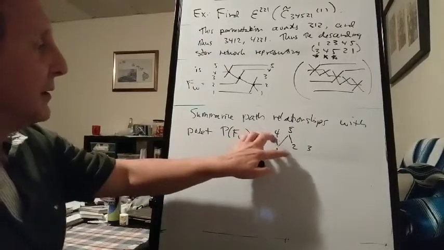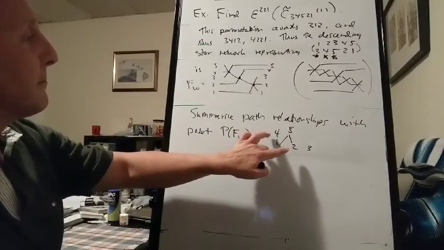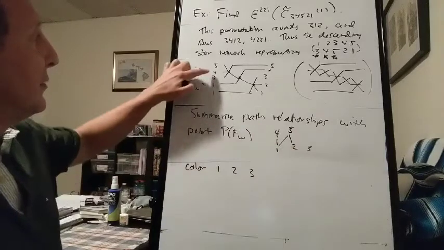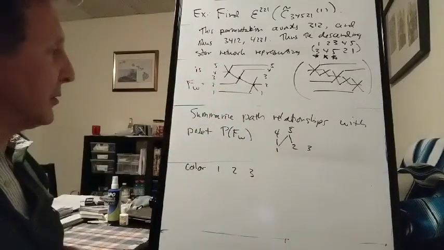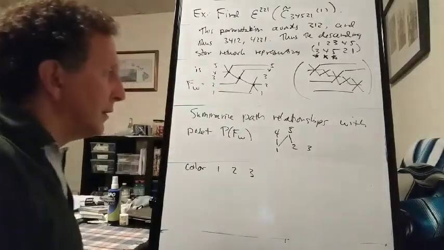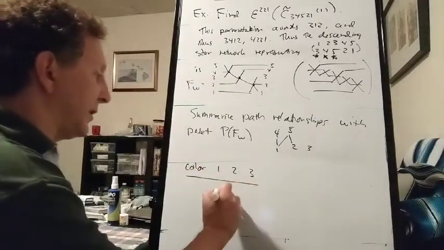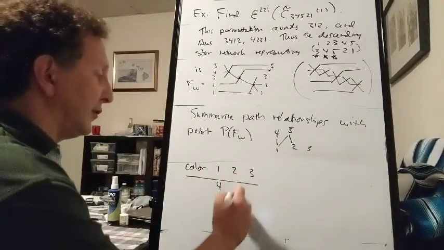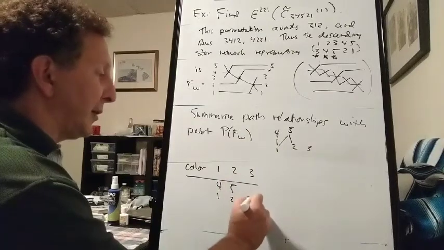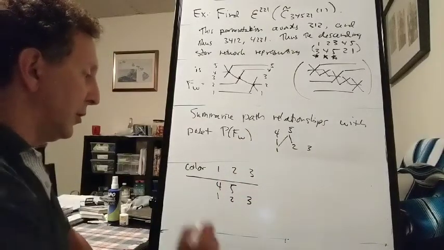They intersect. 2 and 4 intersect, so they couldn't be the same color. So we can have 1 and 4 as color 1 and 2 and 5 as color 2, and then path 3 is going to be color 3.